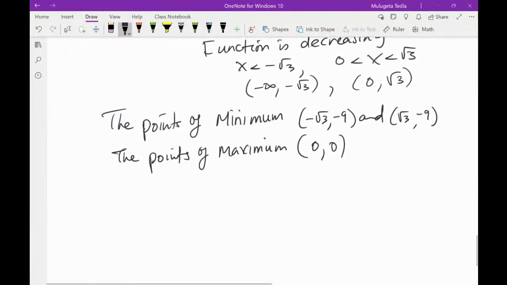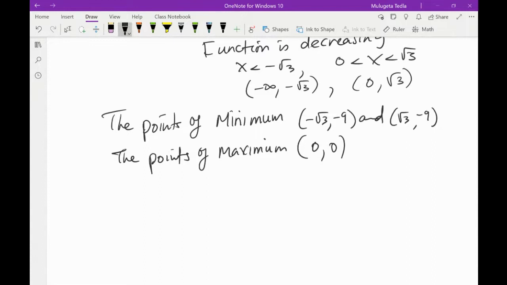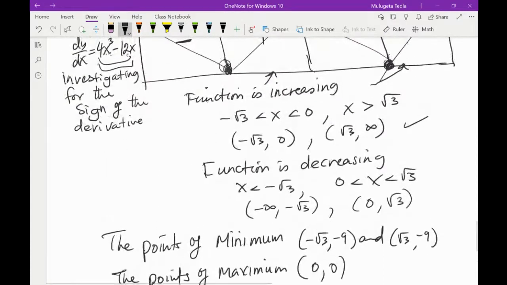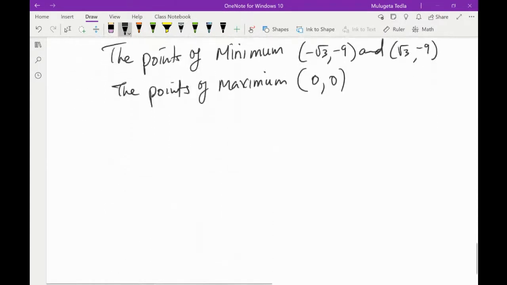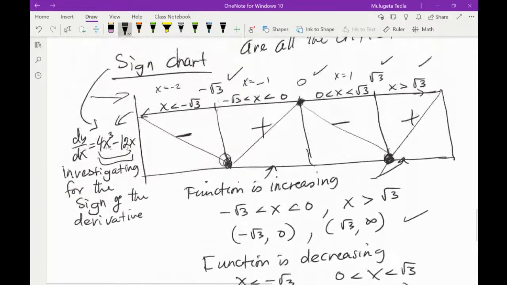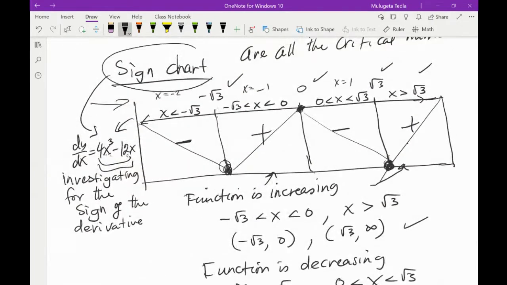Thank you. So we found the points of minima and maxima. We found the increasing and decreasing intervals. And actually, what do we call this? This sign chart is the first derivative test. We didn't spell it out like that, but that is the sign chart.